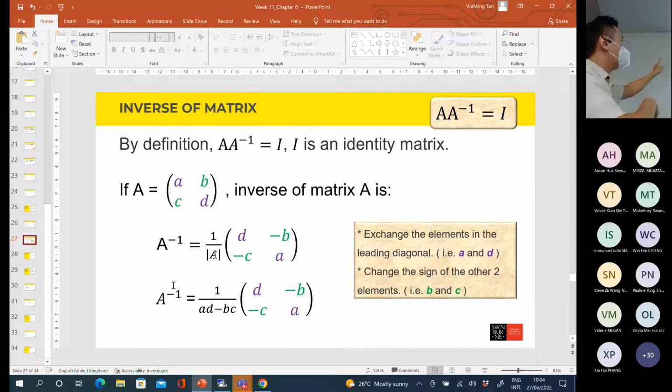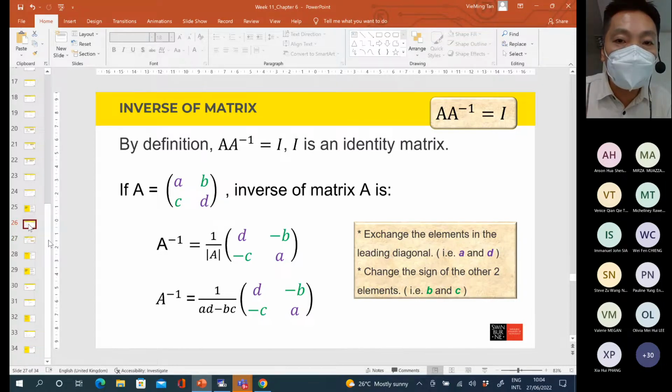Only change the position for A and D. Then after that, we need to change the sign for B and C. If B and C are positive originally, we need to change B and C to negative numbers now in order to get what we call the inverse of matrix A.